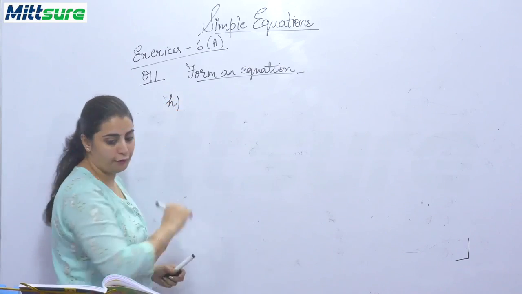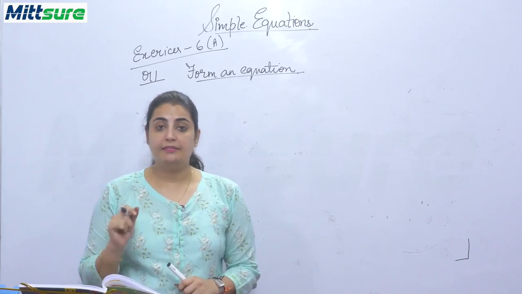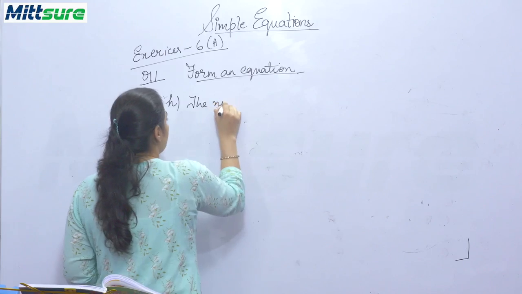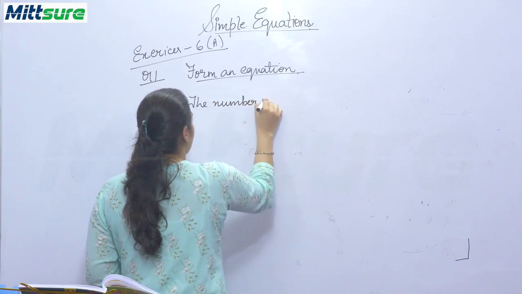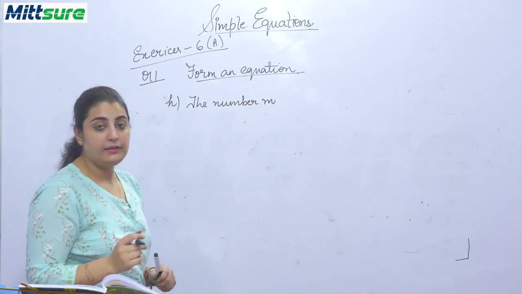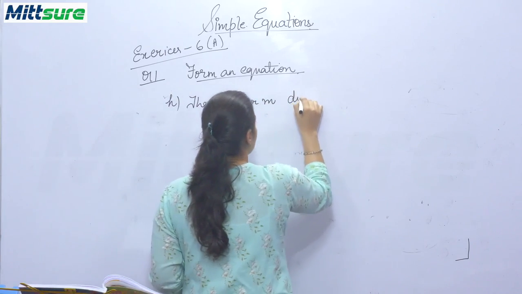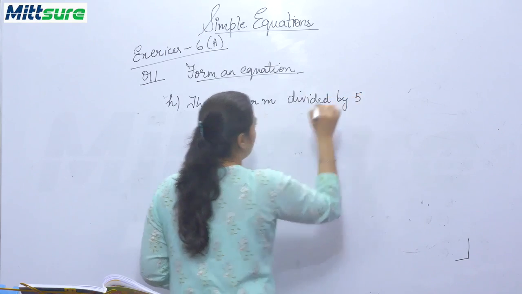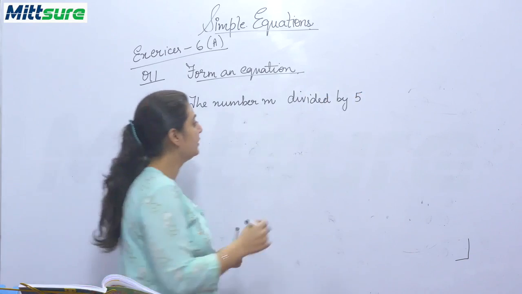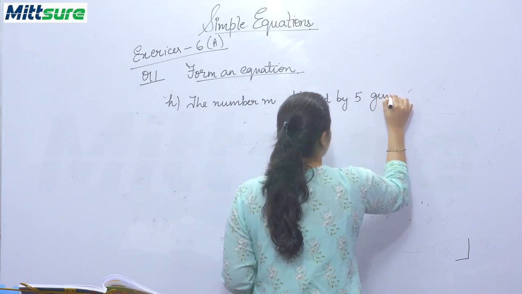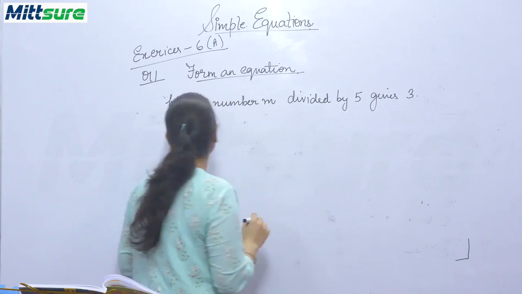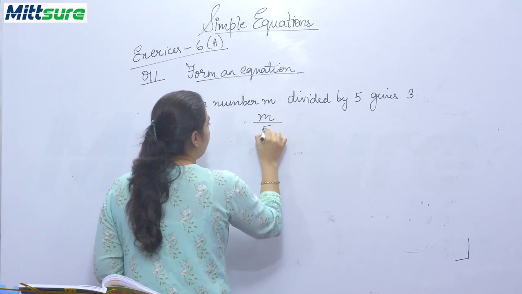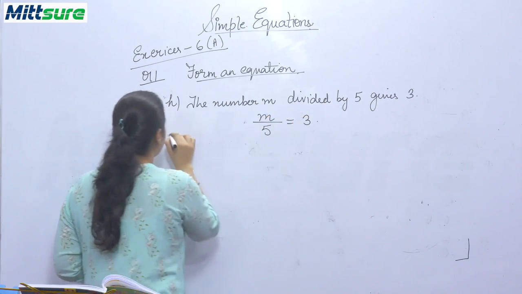H talks of the number m divided by 5 gives 3. That is, m divided by 5 gives you 3.